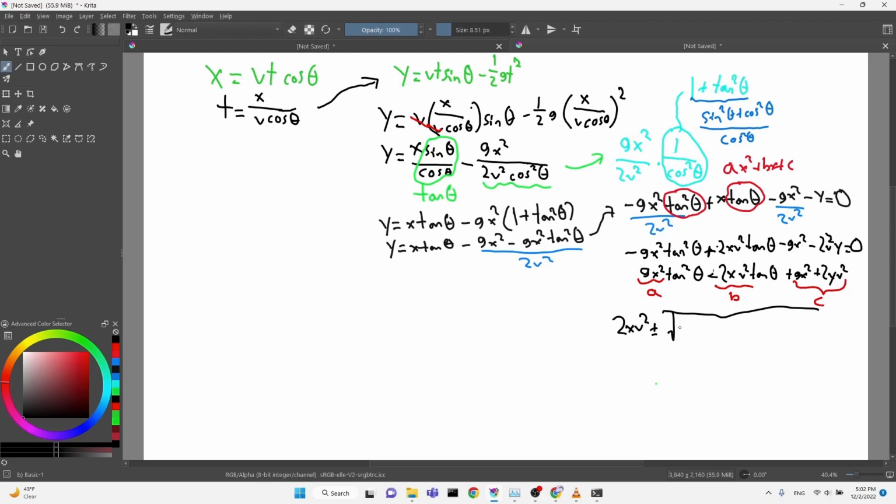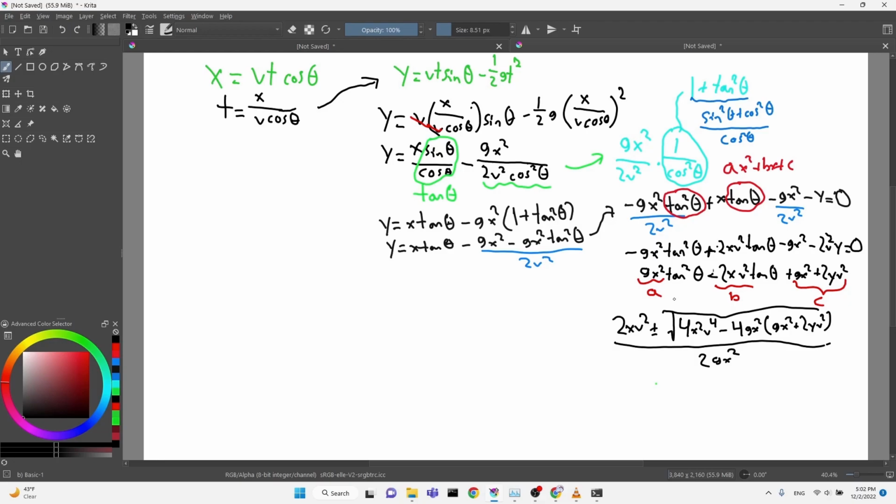But the square root of b squared is basically just going to be 4x squared v to the 4th, minus 4a, which is gx squared, and c is gx squared plus 2yv squared. And then that all over 2a, which is 2gx squared.